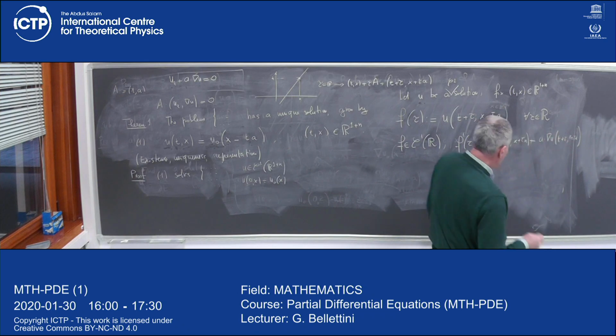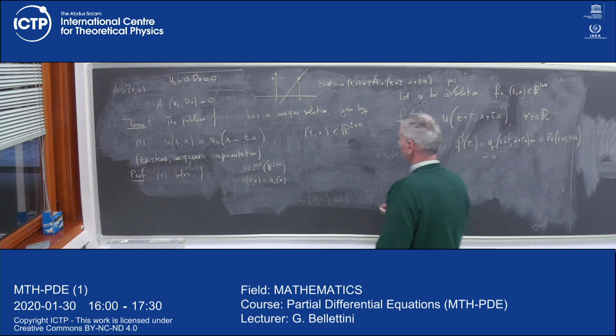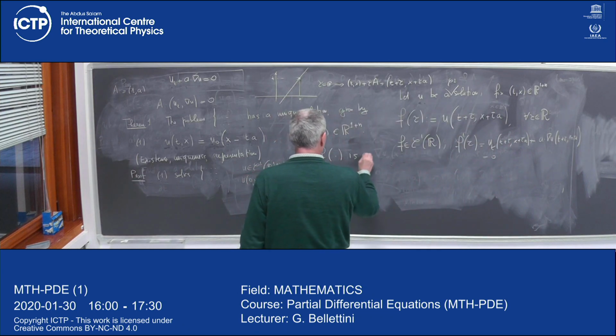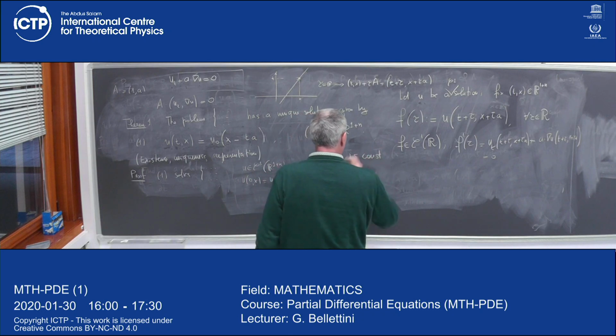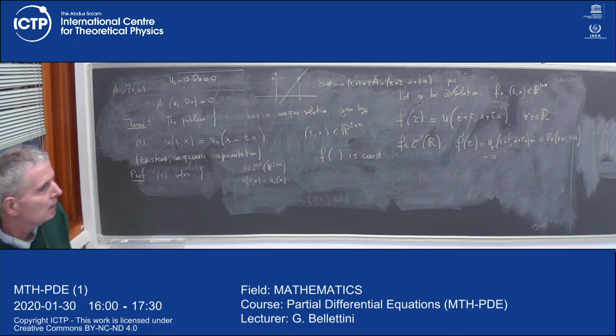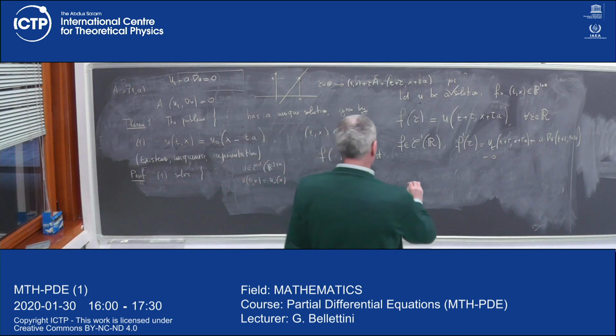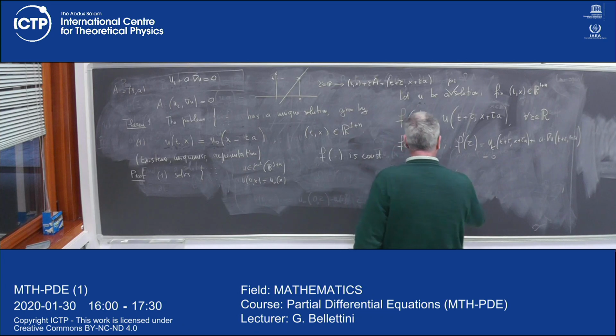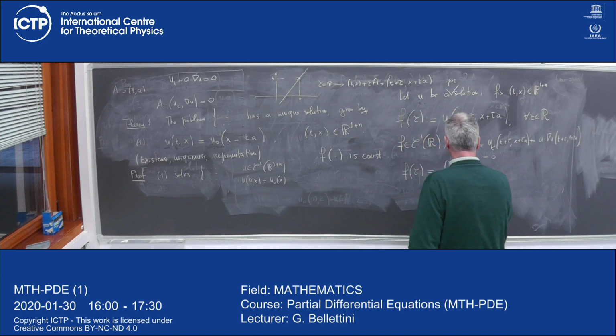So this means that f is constant. What does it mean that f is constant? Well, this means that f of tau, for any tau, is equal to, say, f of 0, for instance.